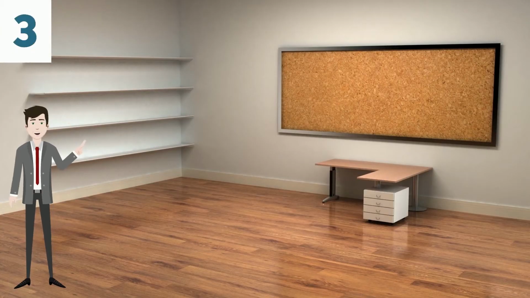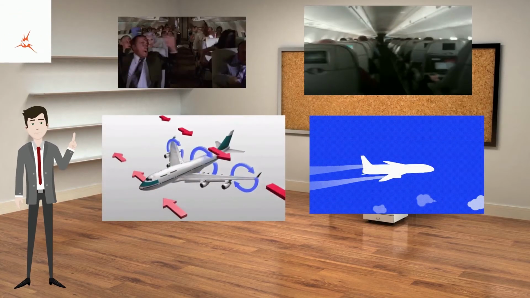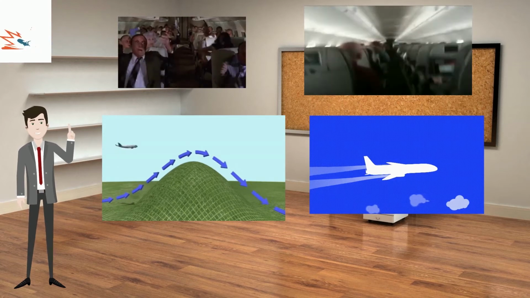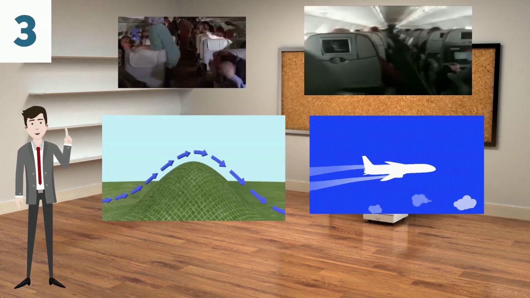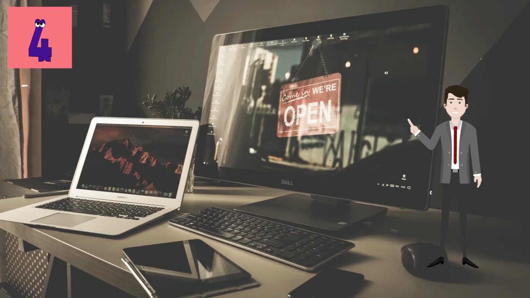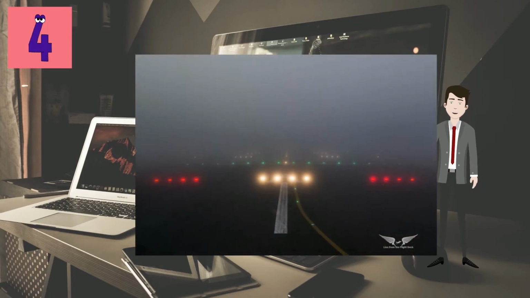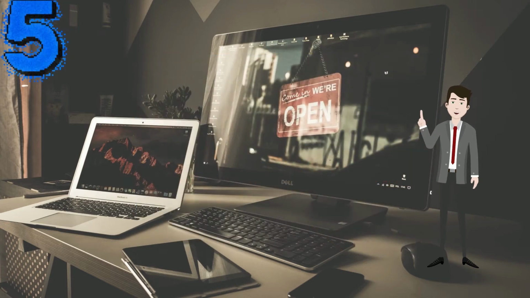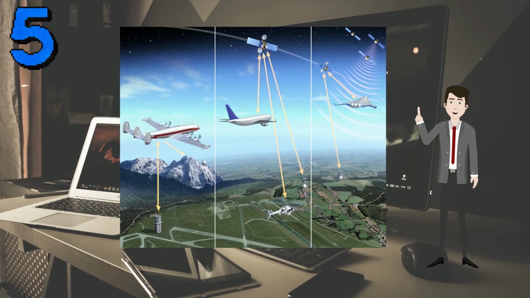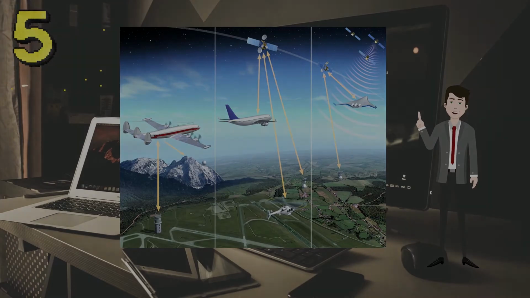Number 3, severe turbulence, impacting altitude, pitch, airspeed hold, increasing aircraft structure fatigue and passenger discomfort. Number 4, reduced visibility. Number 5, reduced air traffic management system capacity.